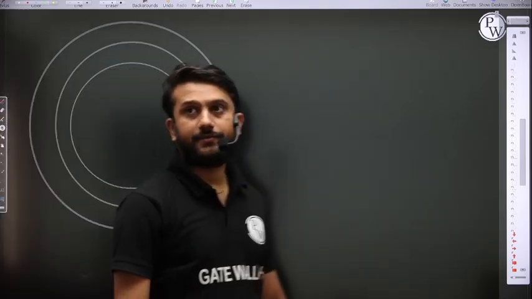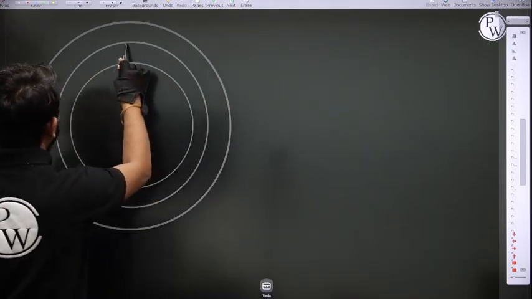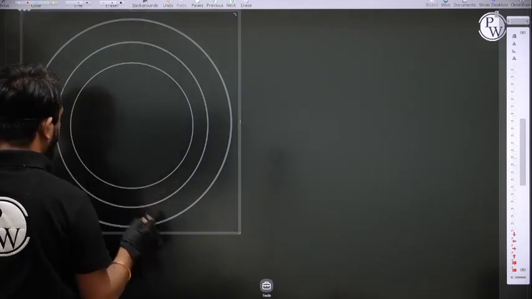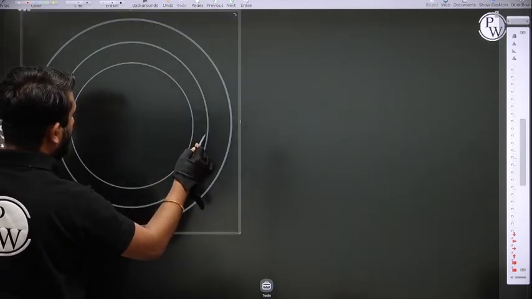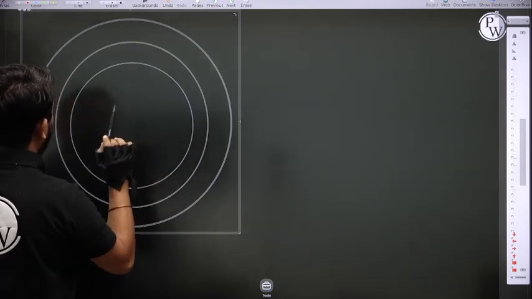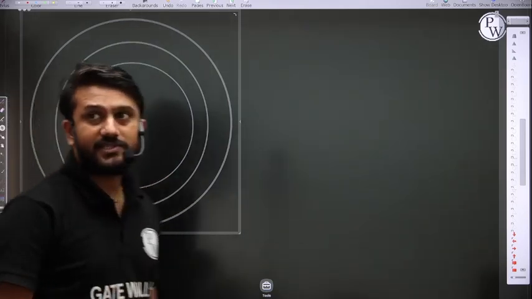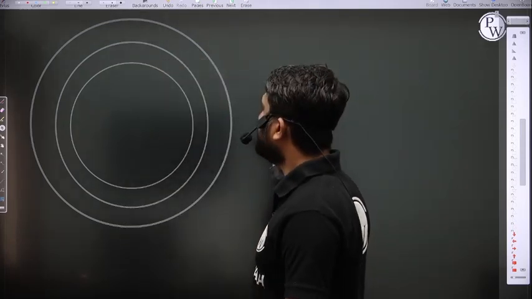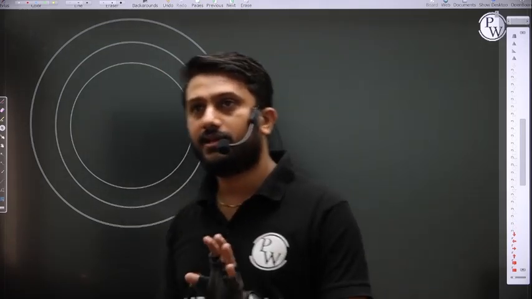Okay, now see. Let us assume this is a multi-layer cylinder, or I can say this is a composite cylinder.